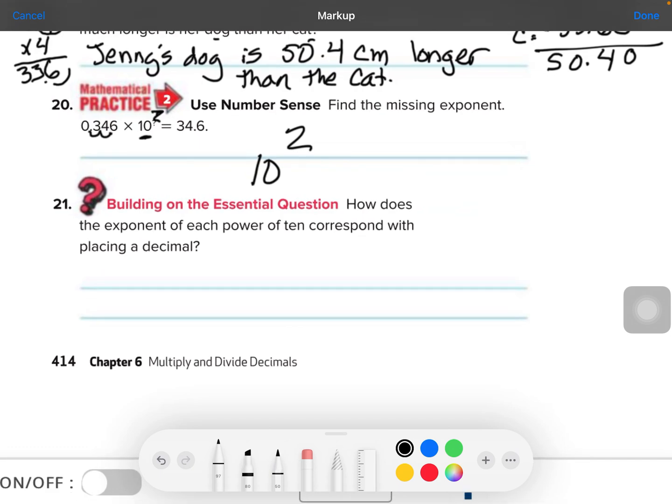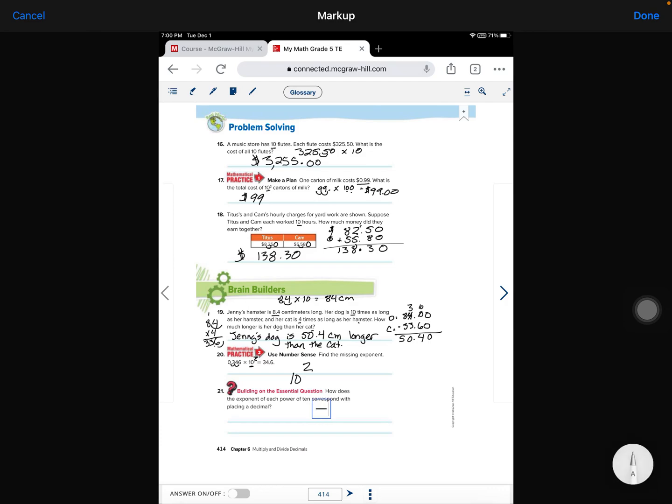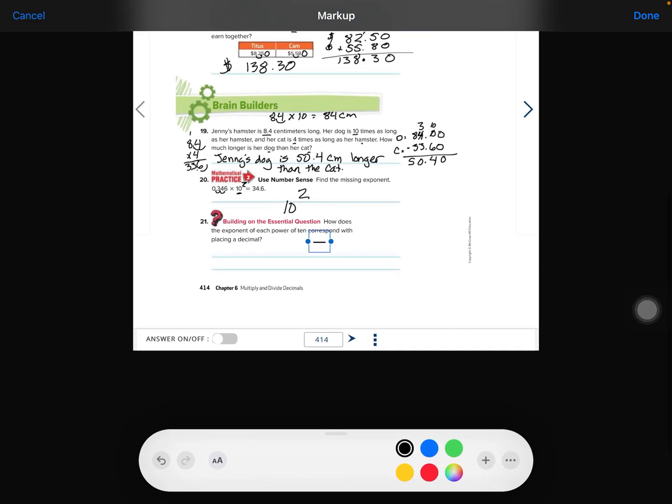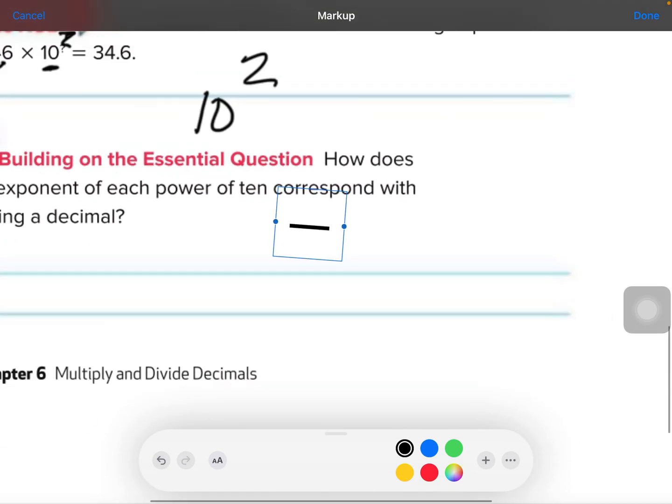Number 21, how does the exponent of each power of 10 correspond with a decimal? Ooh, that's easy, right? The exponent represents how many places to move the decimal.